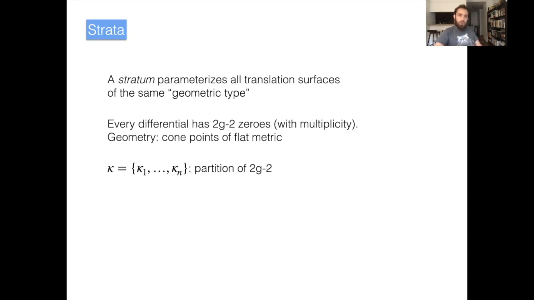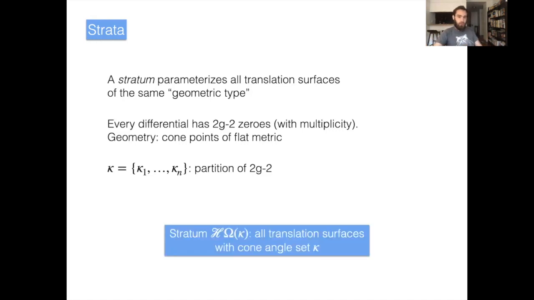So what you do to build a stratum is you fix a partition of 2g minus 2, and that's going to tell you how you want to assign multiplicity to the zeros. So you pick this partition kappa and you say, I want there to be exactly n zeros, and I want to assign multiplicity kappa 1 to the first zero, multiplicity kappa 2 to the second, and so on and so forth.